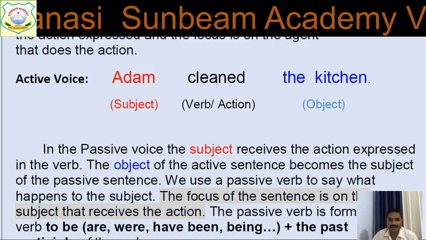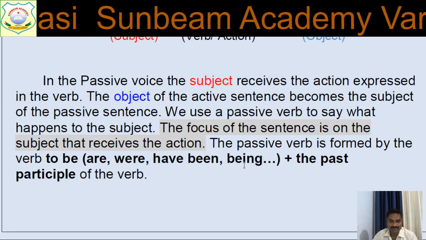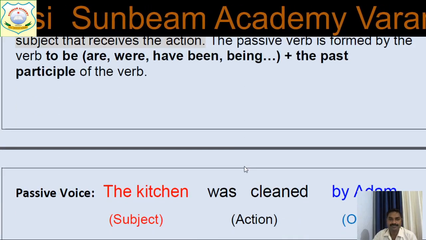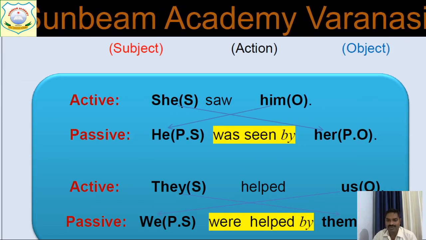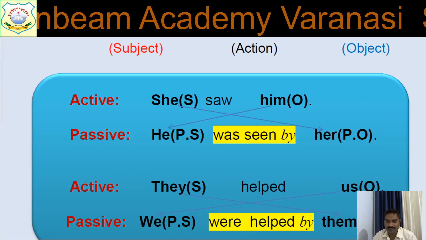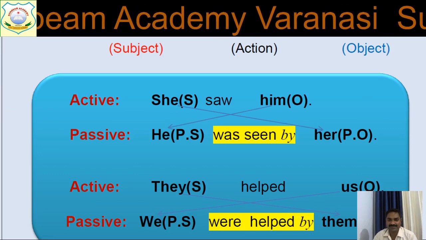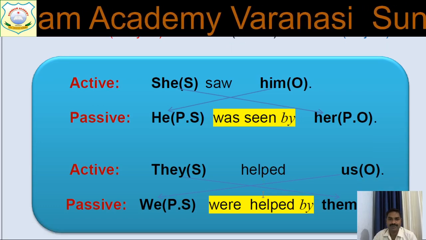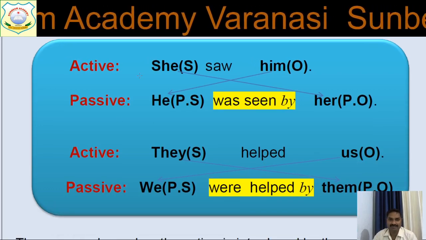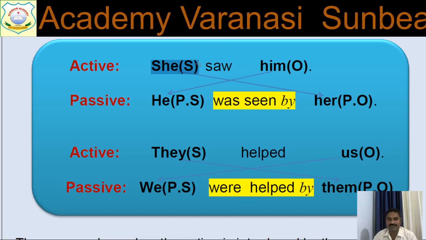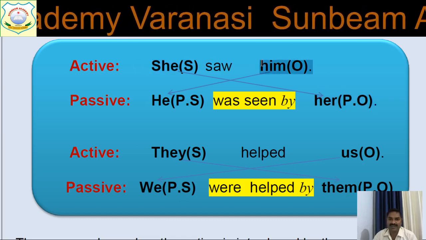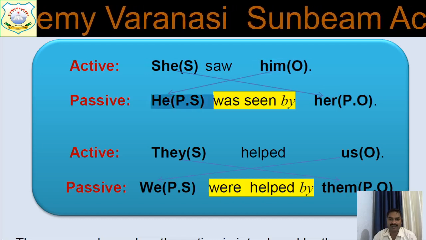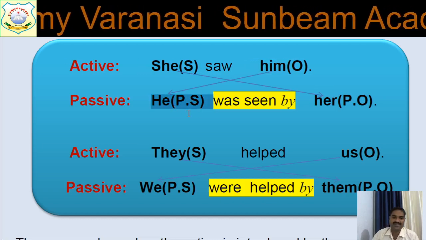Okay, next is, children, here in today's class I will describe to you only the most important things, because we have to do certain exercises. Here see that the active voice subject is changed into passive voice here, and the object in active voice is brought here in the place of subject of passive voice.